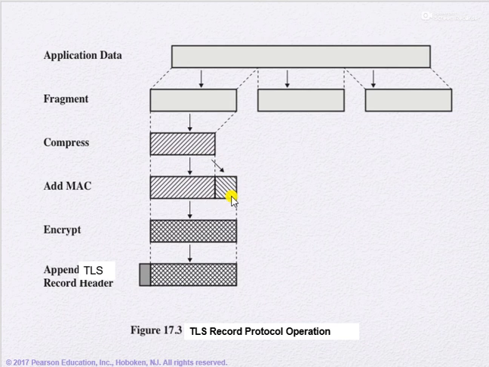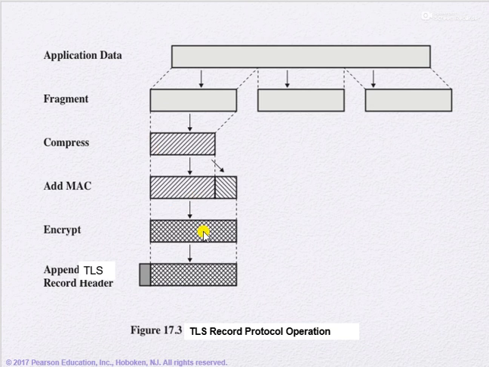And then after MAC calculation, we perform encryption on this compressed fragment and MAC both, and then data will be encrypted. So first MAC, then encrypt, and MAC is calculated either on the fragment directly or the compressed fragment if we choose the compression option.